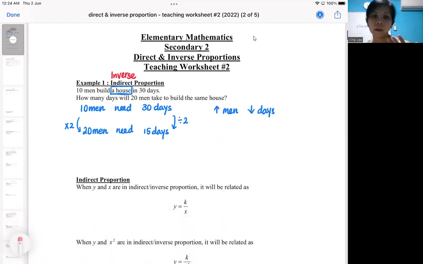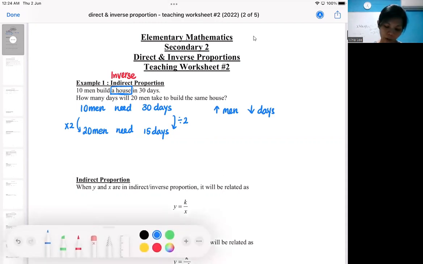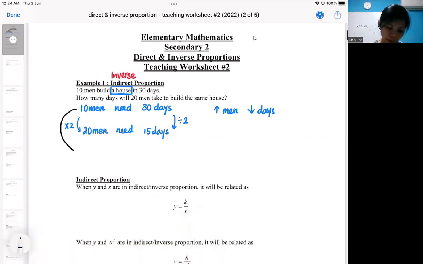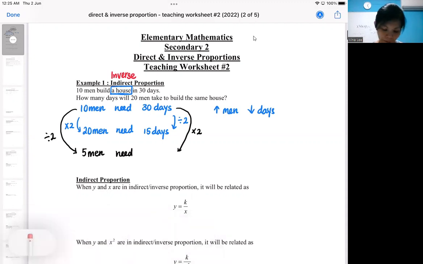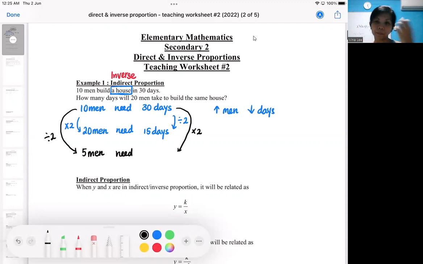Similarly, I can do the same thing. What if I have my original 10 workers, and half of them fall sick? My manpower is reduced by half. With the same amount of work done, the work for the house doesn't change, I should take double the amount of 30 days, because now I only got 5 people working on the same amount of work.